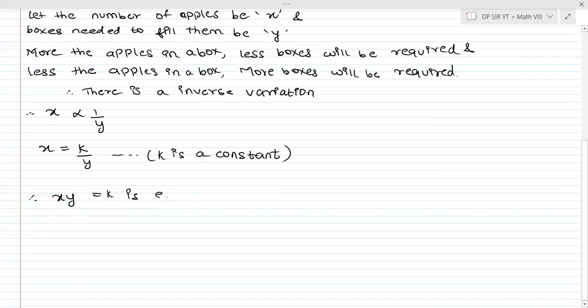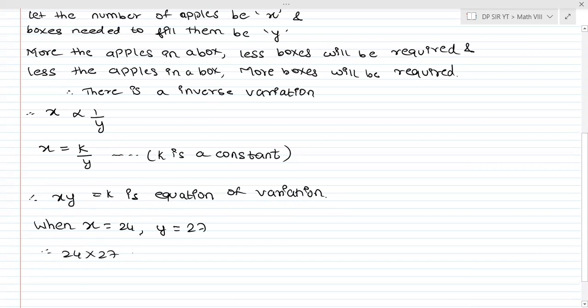And this is my equation of variation. When x is equal to 24, y is equal to 27. Therefore, 24 into 27 is equal to k. I want you all to pause the video and try to solve by yourself. K is equal to 648, and this is nothing but the constant of variation.